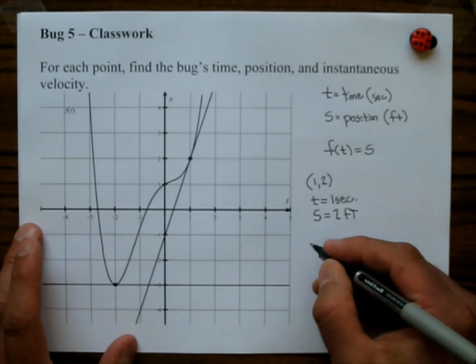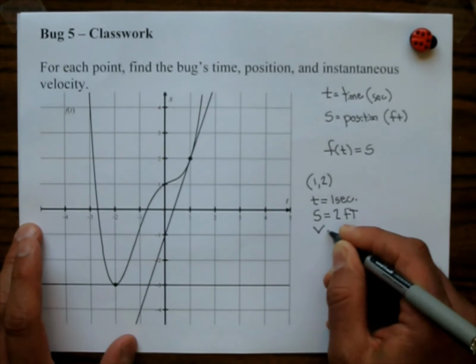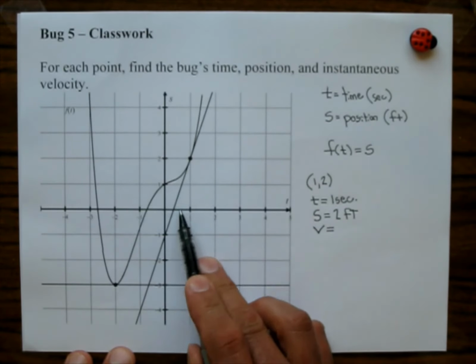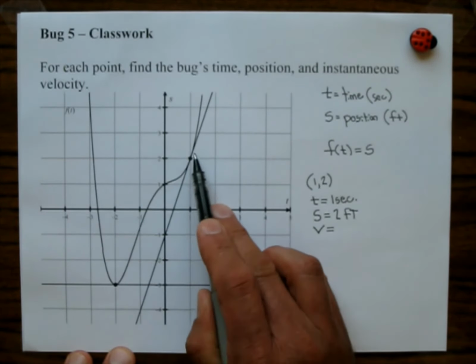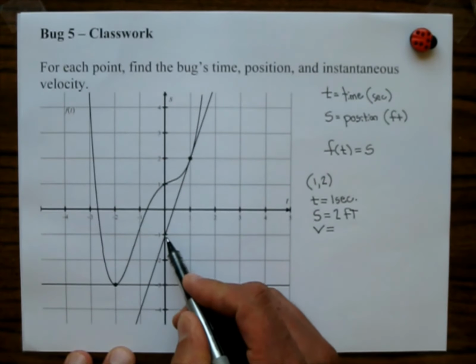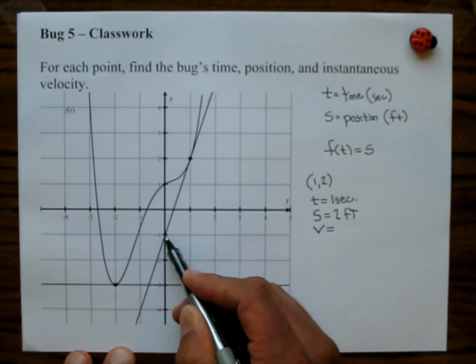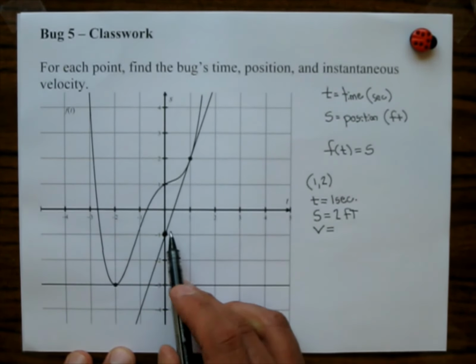The instantaneous velocity, we'll just use v for that, and that's going to be the slope of this line. If you forgot how to find the slope of a line, let's go over it. You pick a point on the line that is the intersection of 2 grids, and you do rise over run.